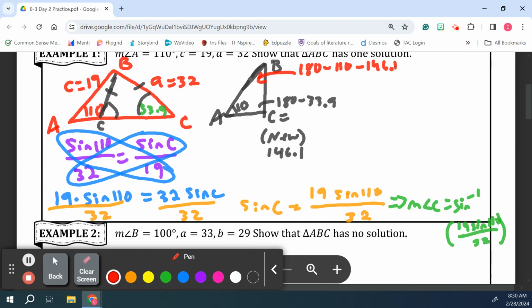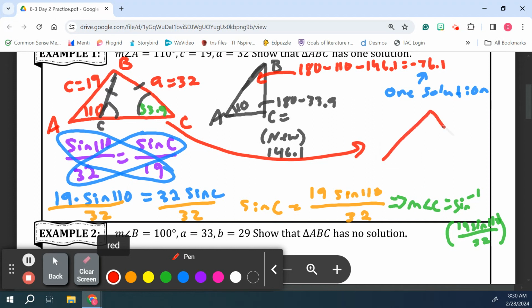Yeah, you're both right. It's negative 76.1. You're telling me that this triangle has a negative angle. Is that true? No. So because this is negative, we only have one solution. That solution comes from this original triangle.